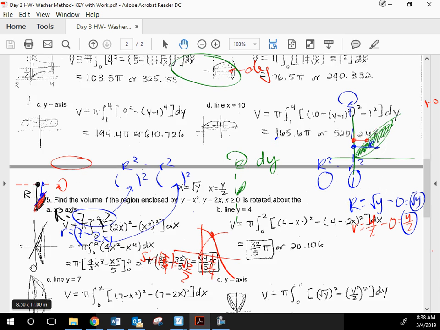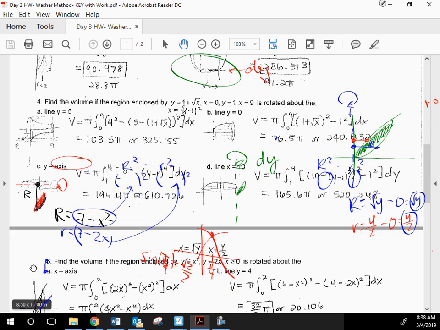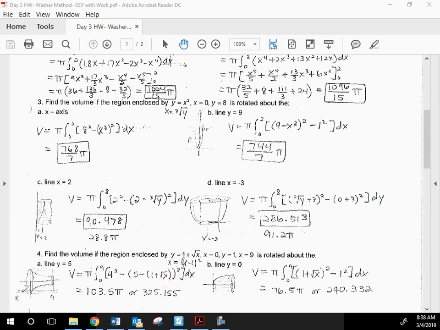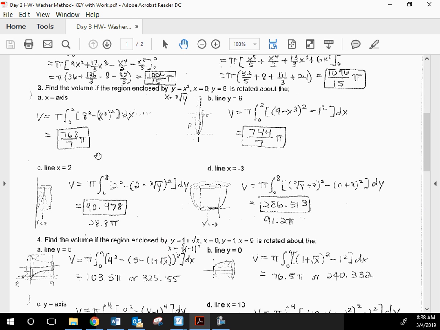Okay, let's go back to 3a, and then we'll visit 2a before we go. Alright, so we've got our x cubed graph, and y equal to 8. Okay, so this is 8, this is y equals x cubed. We're looking at a. Alright, so we're rotating about the x-axis.